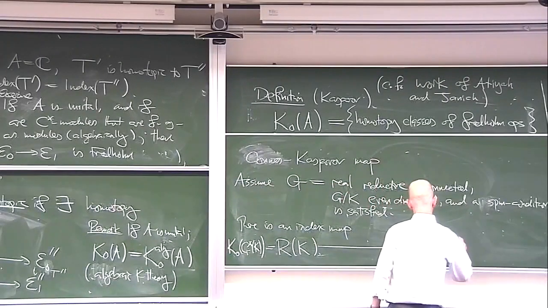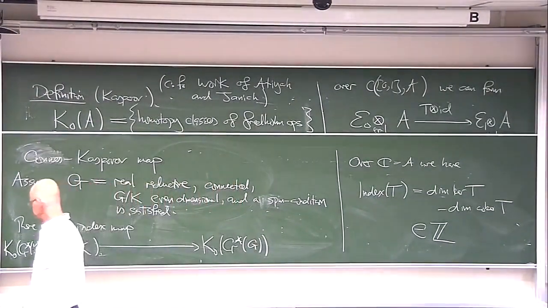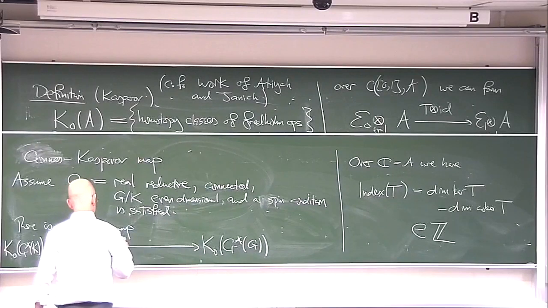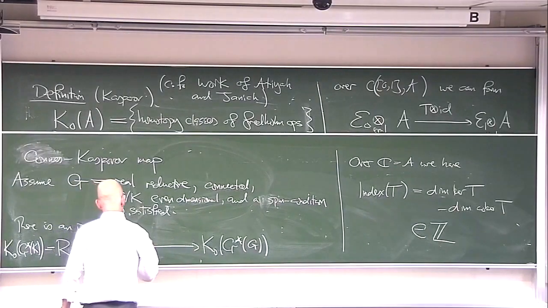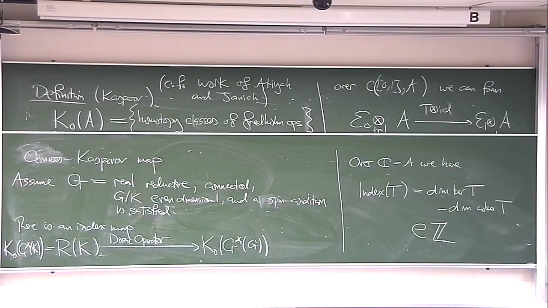And of course, there's the C-star algebra of G. And there's a sort of map here, which is defined using Fredholm operators, which is the reason that I discussed Fredholm operators.